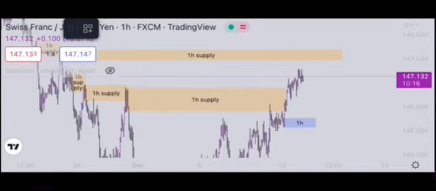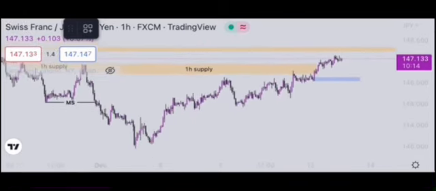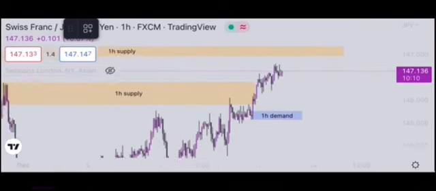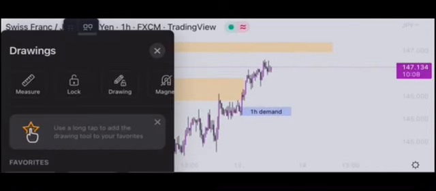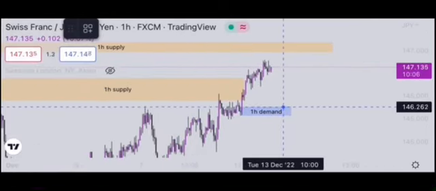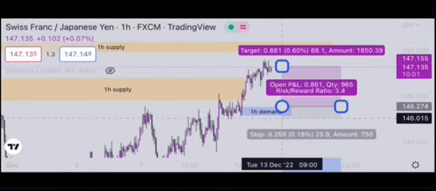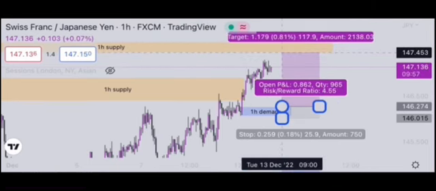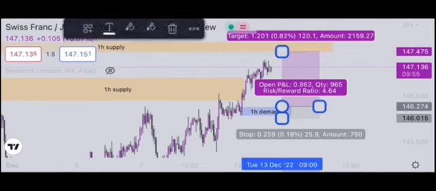So you can see maybe the market can actually come down, test the demand zone before going up to test that supply zone that has not been mitigated, which means there are still pending orders in that zone. What I'll do now is put my order in the demand zone, so the market can come to the demand zone and test the supply zone.